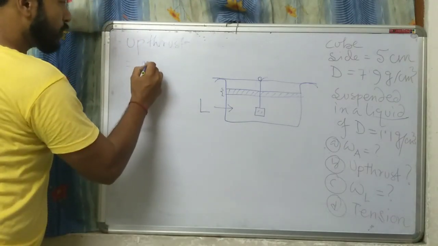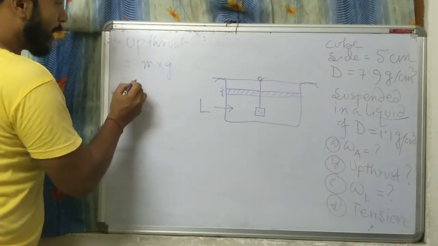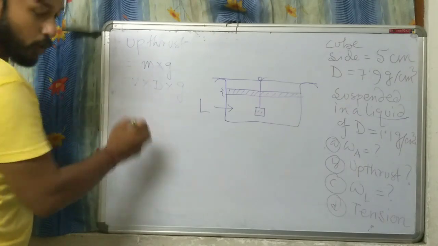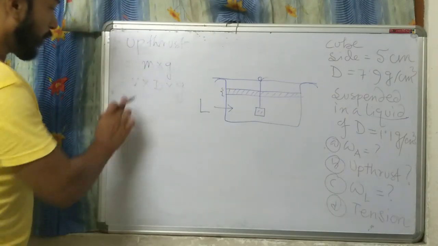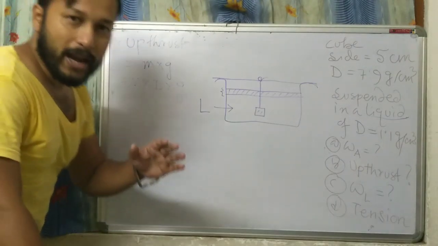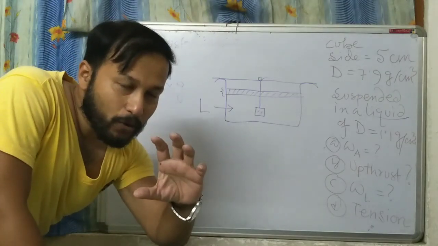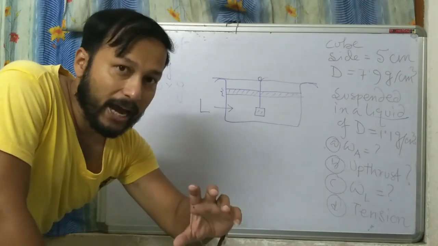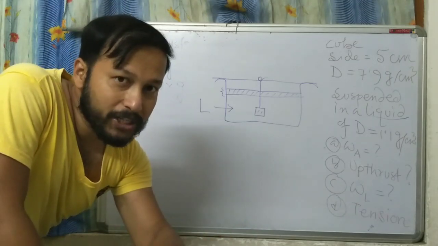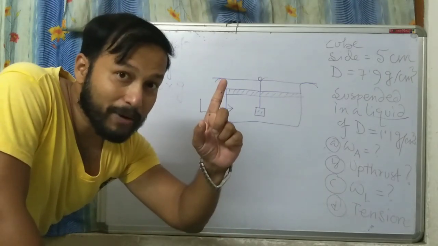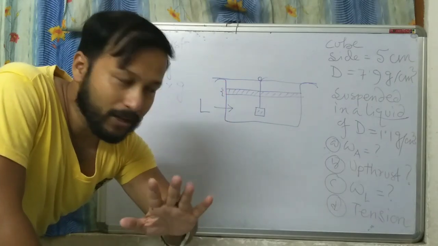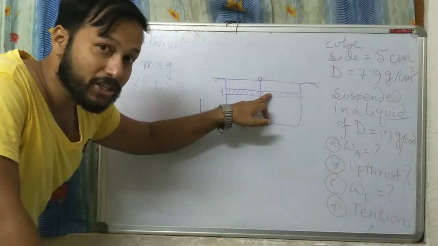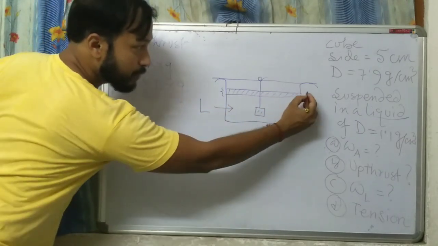Mass into gravity. Mass means volume into density into gravity. Okay. Now what is the volume? As I told you, when an object is immersed in a liquid, then the volume of that object and the volume of the displaced liquid are same.